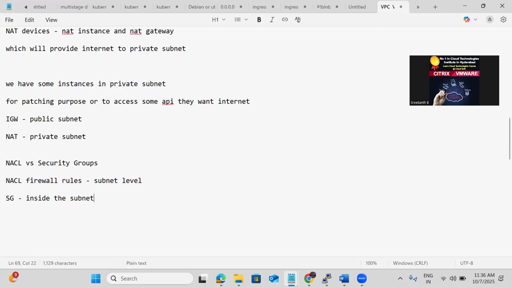Inside the subnet, we may have an instance, RDS, or load balancer, whatever it may be. Those resources are inside the subnet.